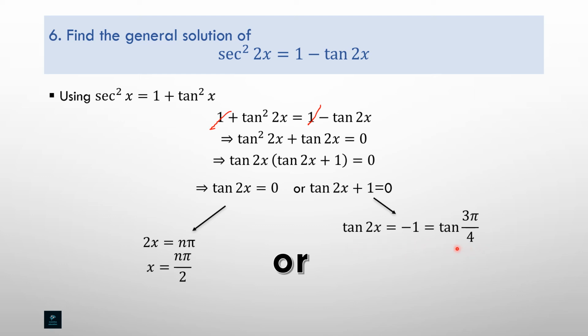Using the theorem for the solution of trigonometric equations, we get 2x is equal to n pi plus 3 pi by 4, and this means that x is equal to n pi by 2 plus 3 pi by 8. Therefore, the general solution of this equation is either x is equal to n pi by 2 or x is equal to n pi by 2 plus 3 pi by 8.